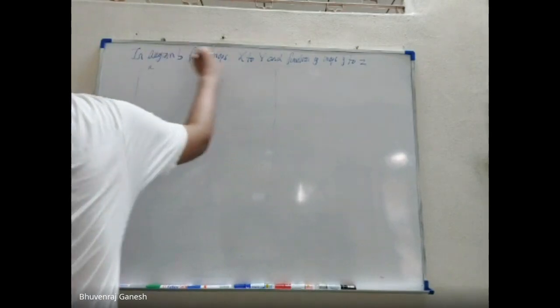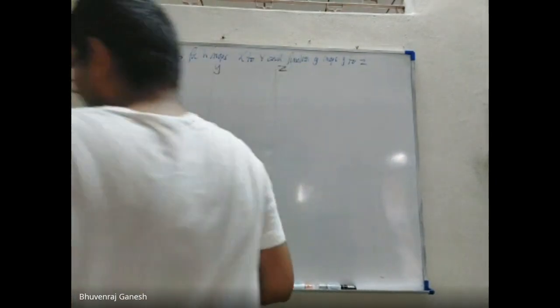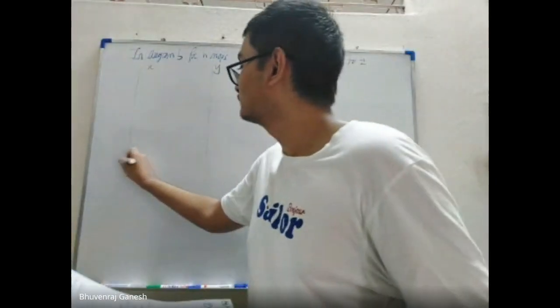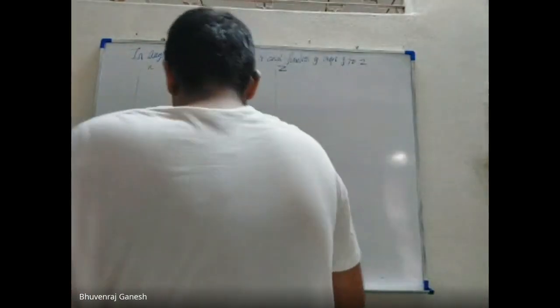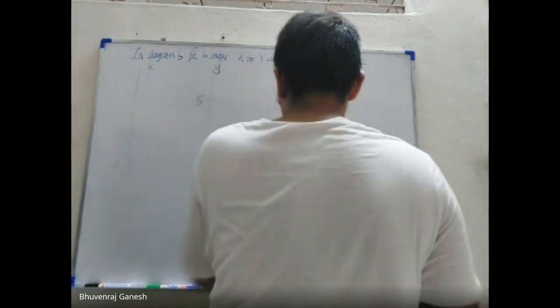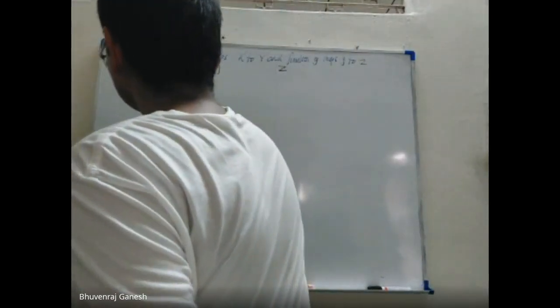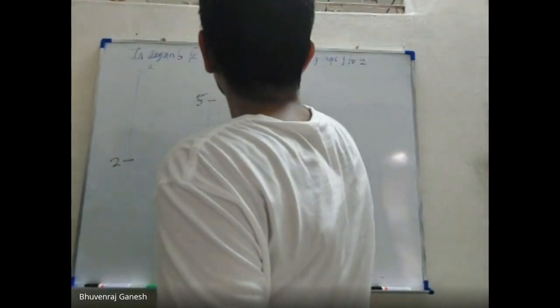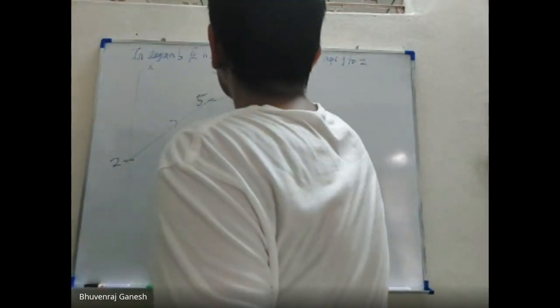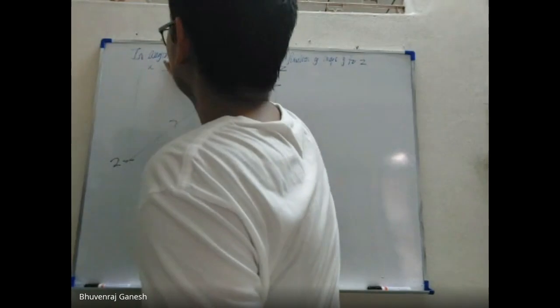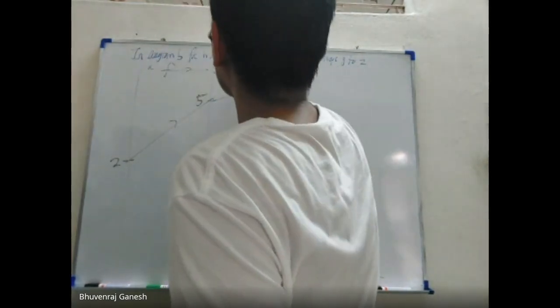So this is x, this is y, this is z. And here is 2, here is 5, and the other one is 8. And the arrow is like this. So this is under function f, this is g, based on the statement.